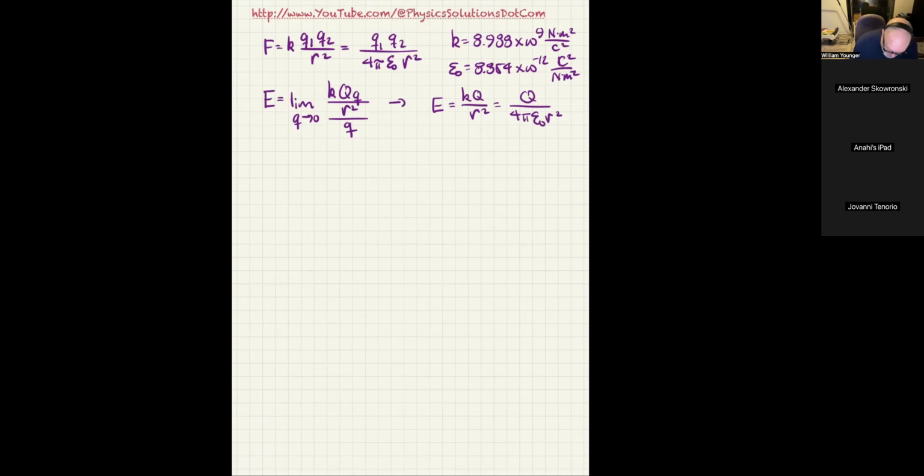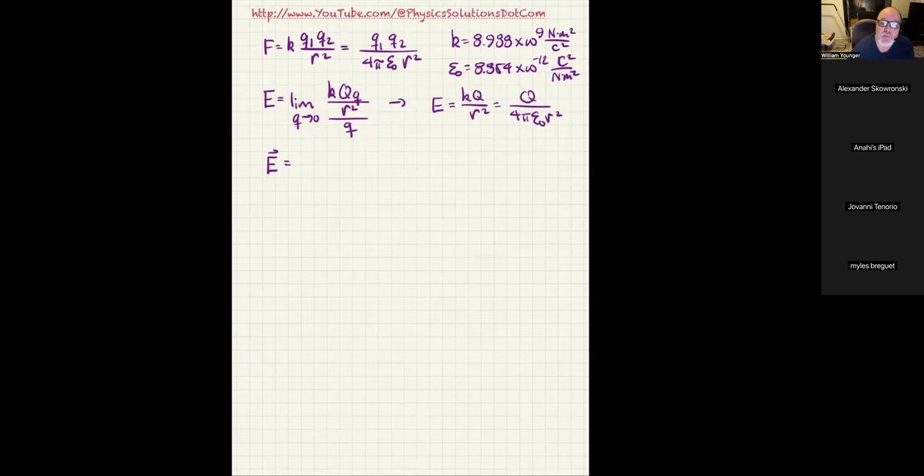Now, I was able to make this into a vector equation by doing the following. E turned out to be equal to, and I'm going to stop using the K at this point. I just want to use what is the more normal thing that we would use.